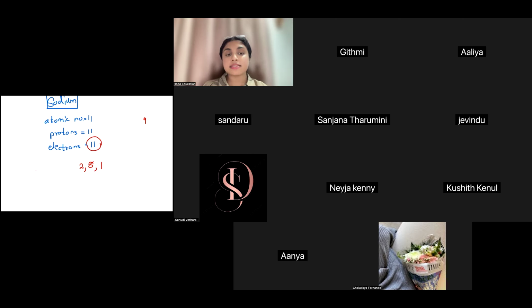This is electronic configuration: how electrons are arranged in energy levels, written with commas. We'll do a lot more examples, but did you understand this one?